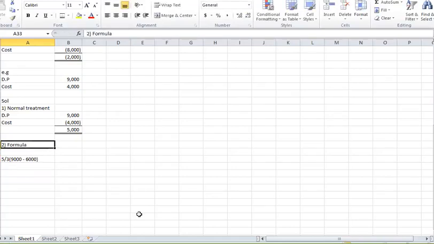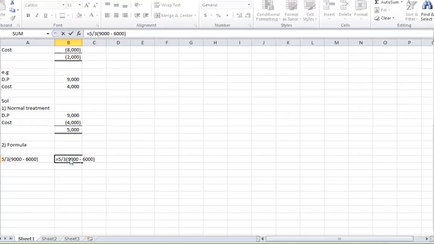So in this situation, we will calculate gain or loss with the help of this formula. So now let's solve this formula as well. Fortunately, the answer of this formula is the same in both situations.